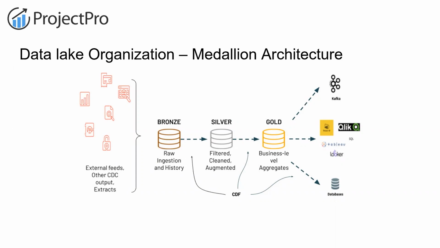Those kinds of basic validations we do on the bronze layer, and then we apply a schema on top of the raw data and do the transformations we need to do. Finally, this transformed data will be put into the gold layer.